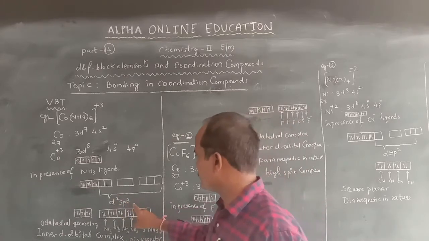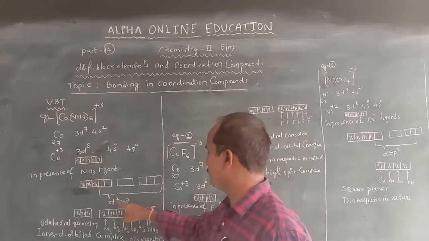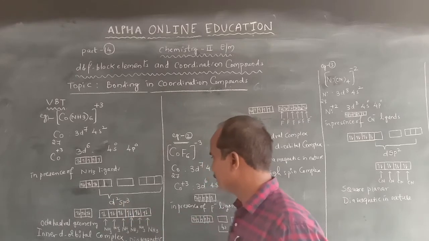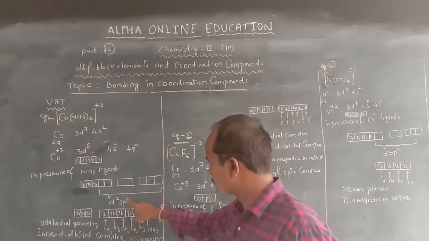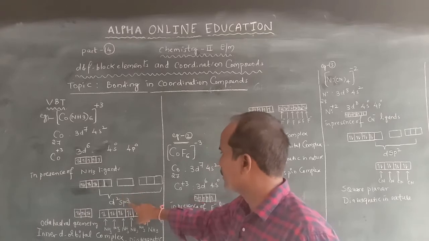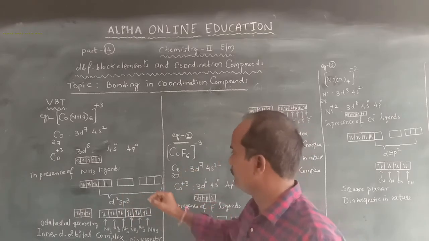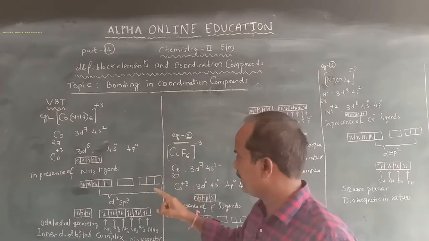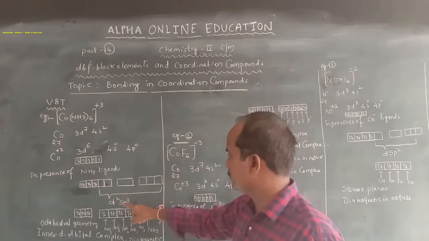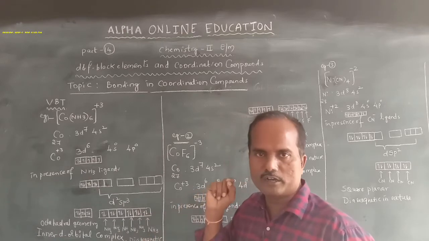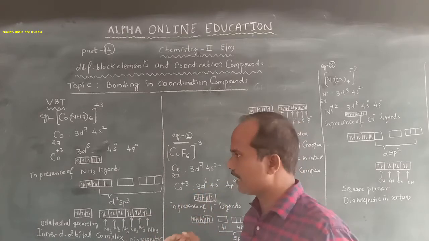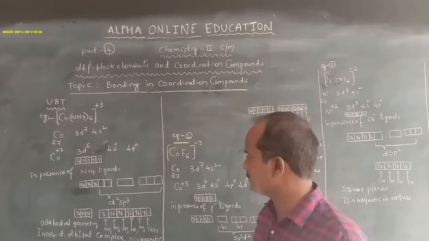Because of d2sp3 hybridization, 6 d2sp3 hybrid orbitals are formed, which are vacant and equivalent in energy.